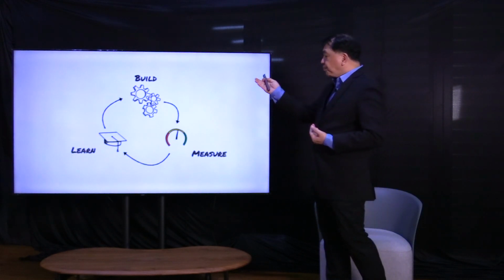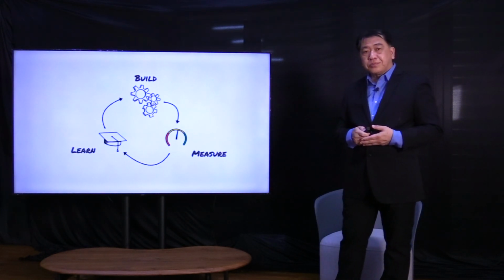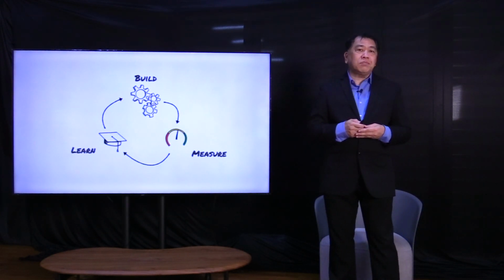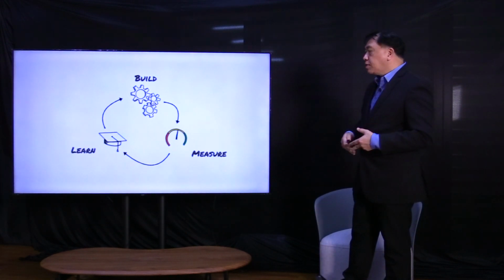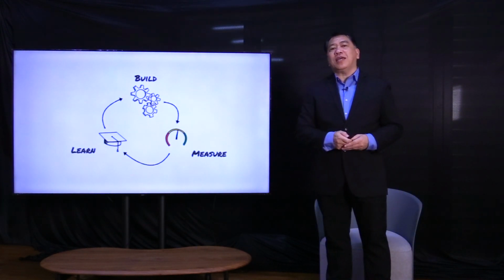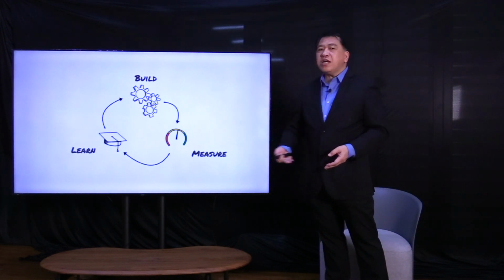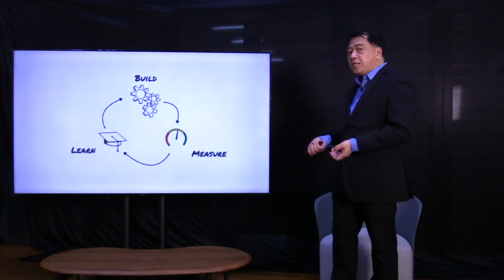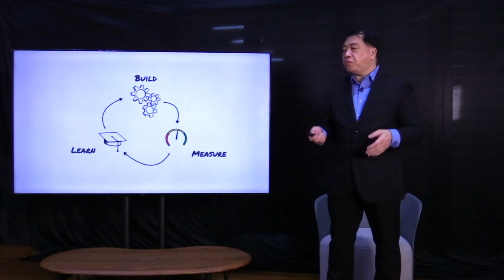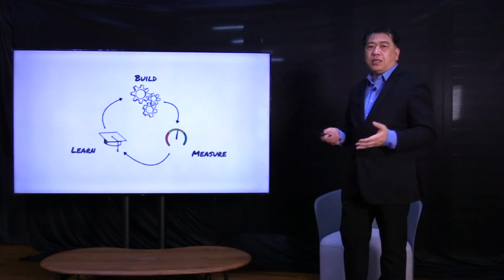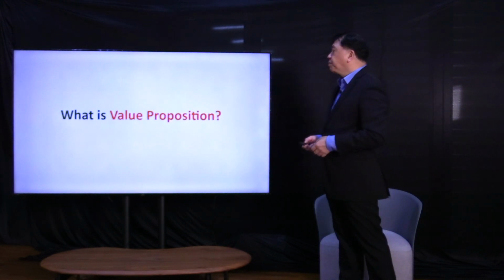Measure. You must collect data, and that is very important because we need to be evidence-based. So we can conduct a survey, and that's called building something. Measure it, and then we learn from it. Maybe the pricing, maybe the features, maybe the weight, maybe even the button.